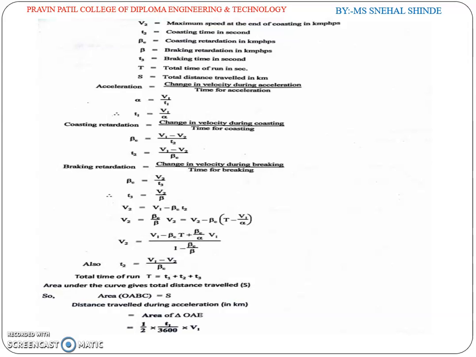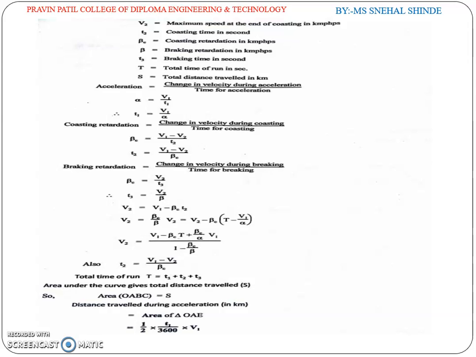V2 is the maximum speed at the end of the coasting. T2 equals the coasting time in seconds. Beta 0 equals the coasting retardation in kilometer per hour per second.